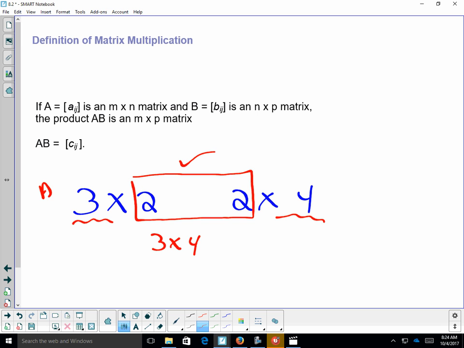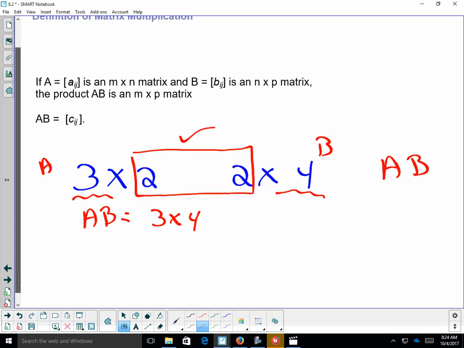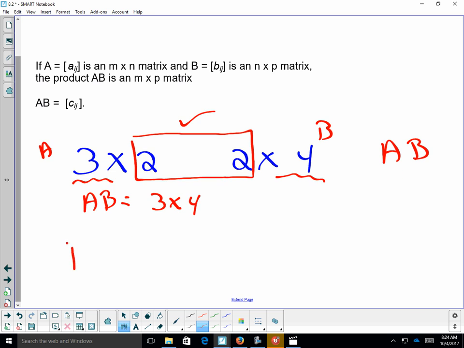So if this were matrix A, and this is matrix B, I could multiply A times B. And when I multiplied AB, I would have a matrix that was in the order of 3×4. If I were to change the order and try to do B times A, B, remember, is a 2×4. A is a 3×2.